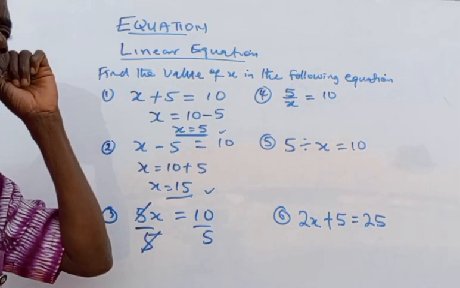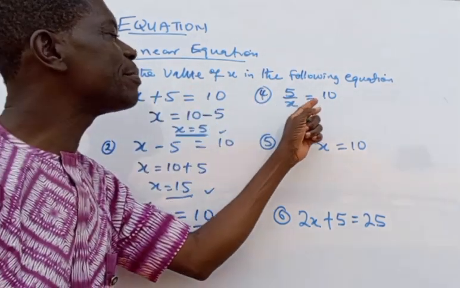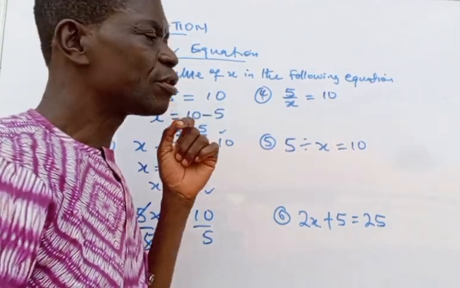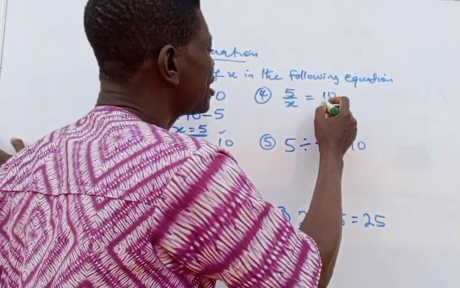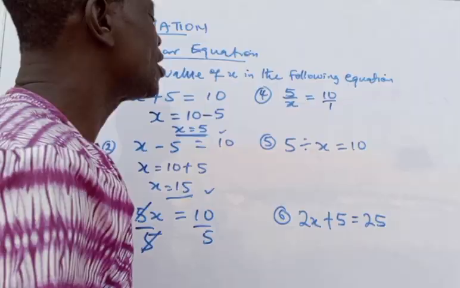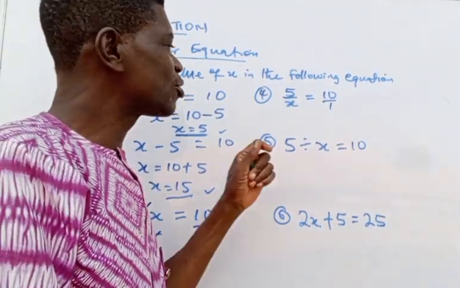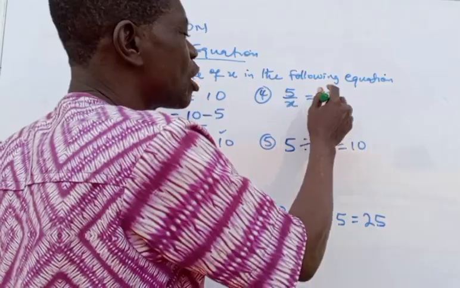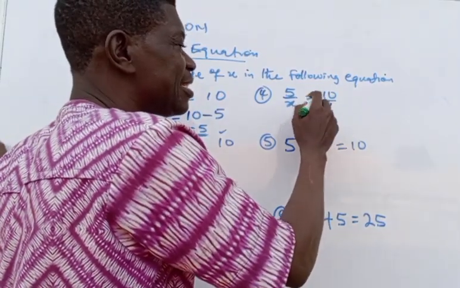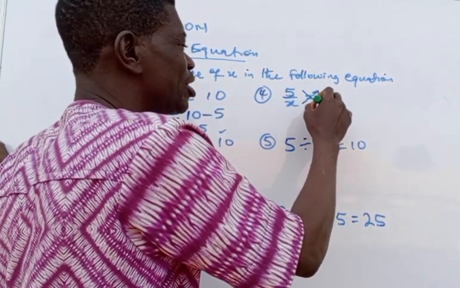Now look at this. This is an equality sign between two fractions. In this case, you put 1 under here, assuming that any number standing on its own is standing on top of 1. Now you cross multiply: multiply like this, multiply like this.